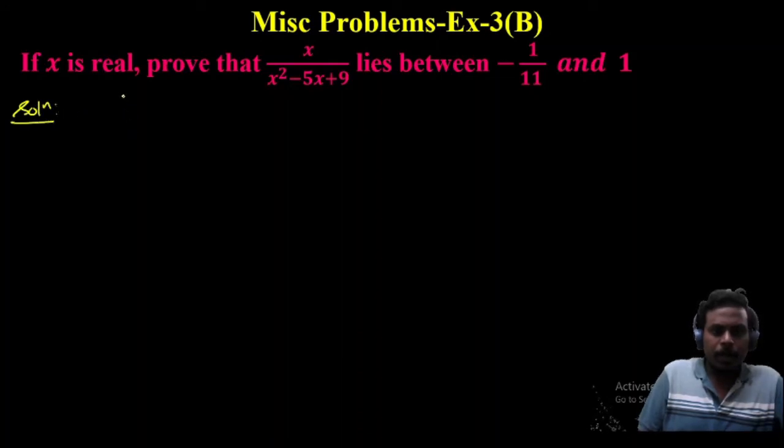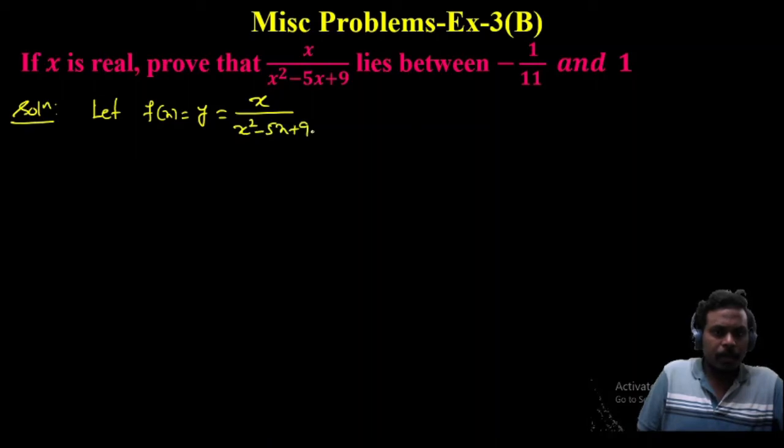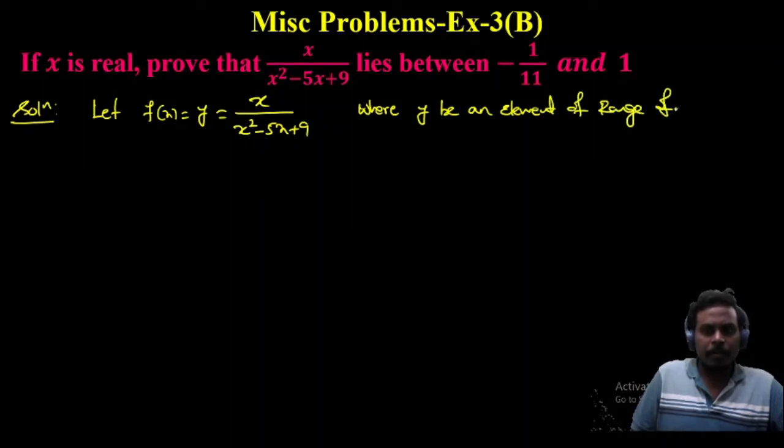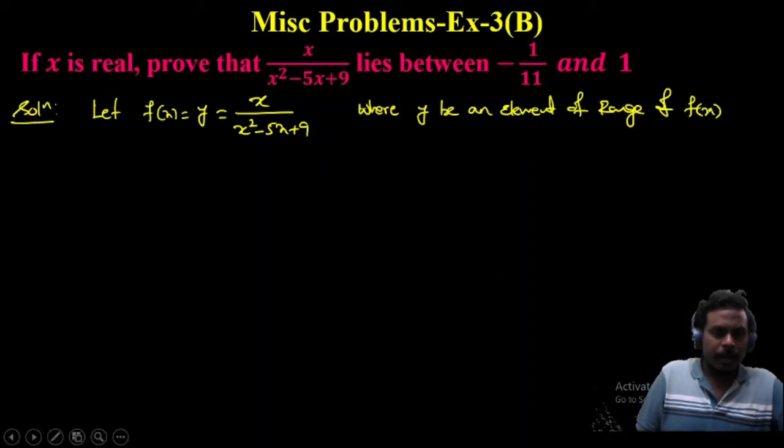Okay, and like in the previous problem, let f of x is equal to y is equal to x divided by x square minus 5x plus 9, where y be an element of range of f of x actually, right?